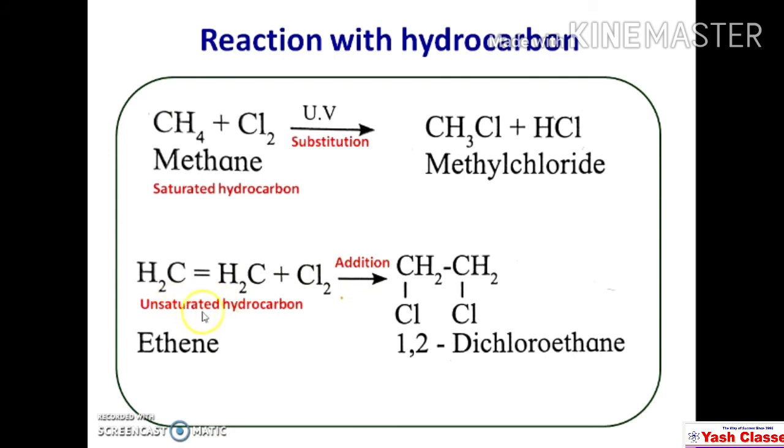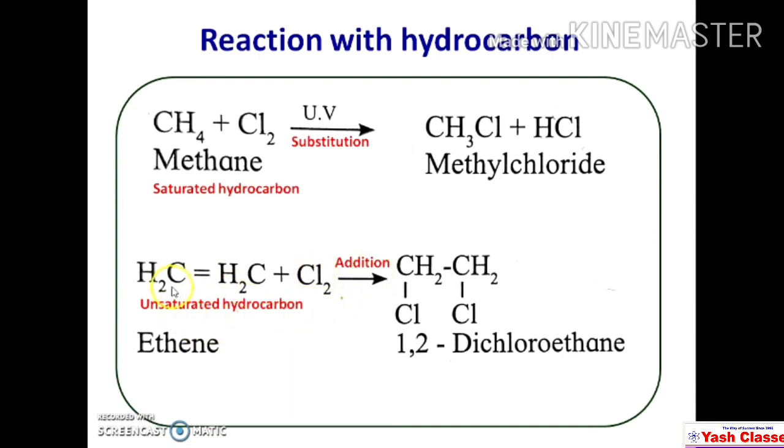Chlorine also reacts with unsaturated hydrocarbon like ethene. When ethene is mixed with chlorine gas, there is an addition of two chlorine atoms across the carbon-carbon double bond. Whenever there is a double bond in an organic compound, that double bond containing organic compound undergoes addition reaction.